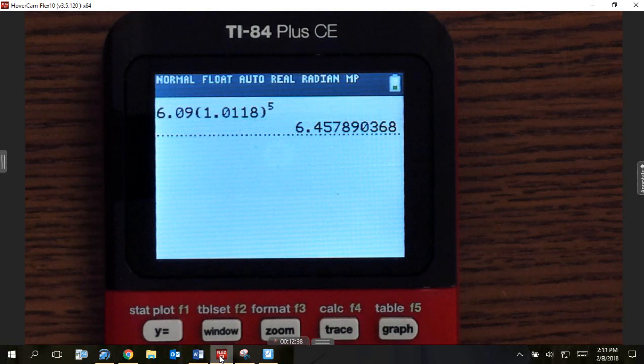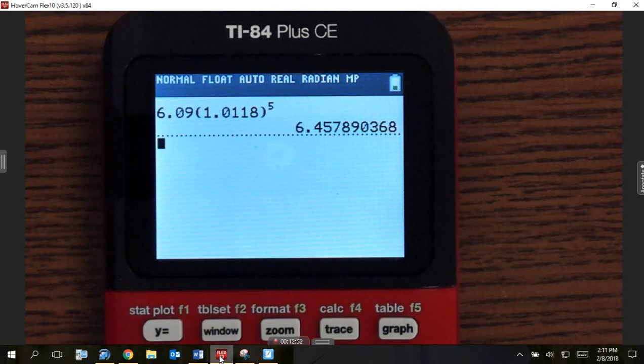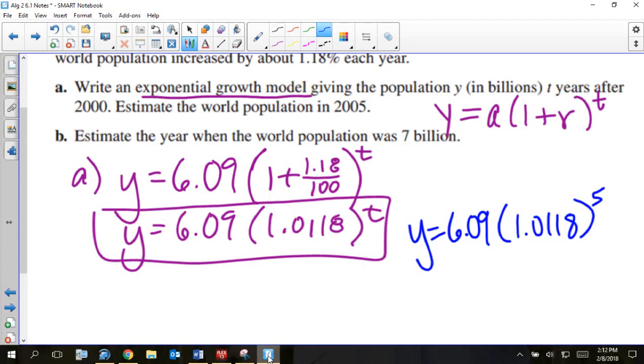We get 6.458, approximately. 6.458 billion people. Every single person should be trying to do this on their calculator, not just watching me do it. What was it? It was 6.458 billion.